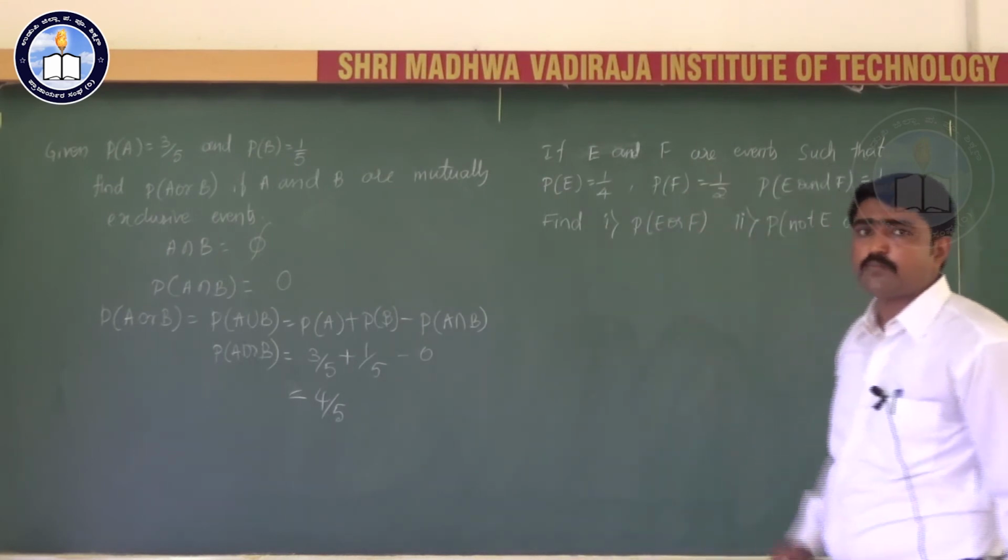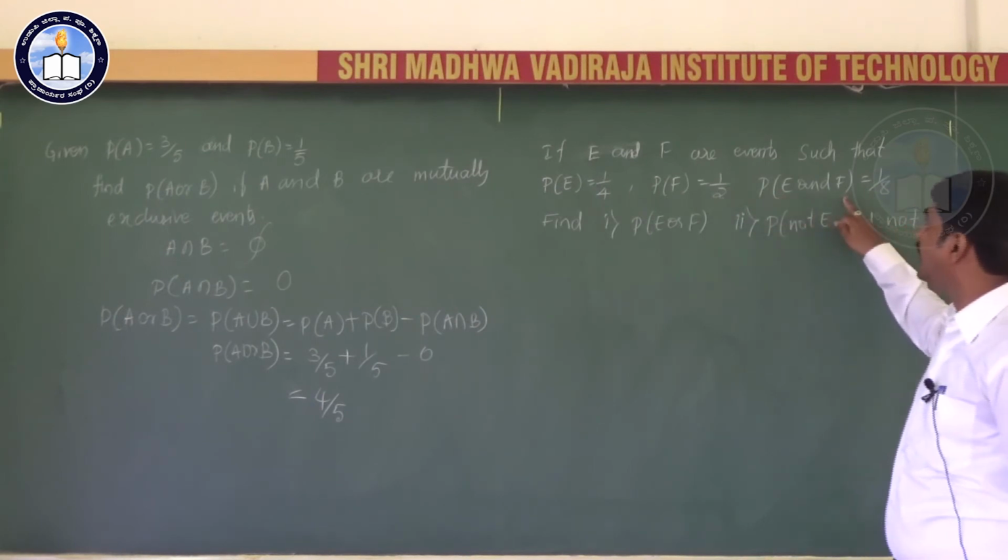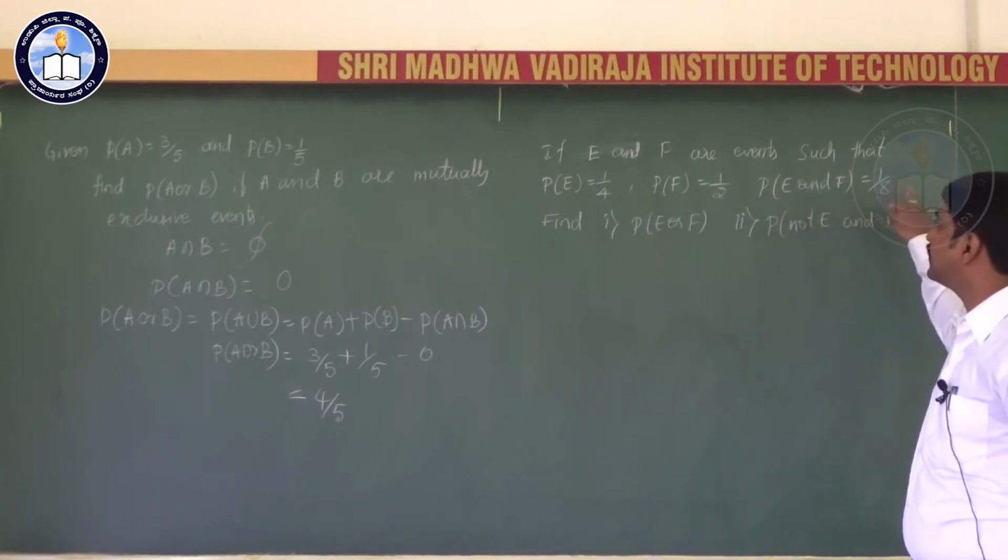The same type of question: P of E is given, P of F is given, P of E and F is given.